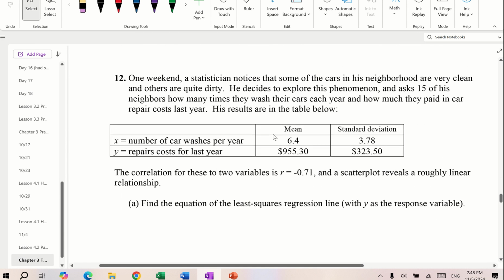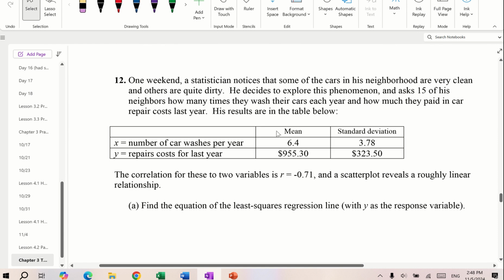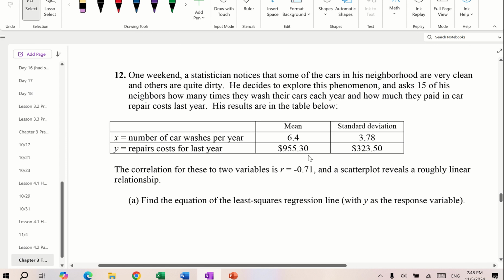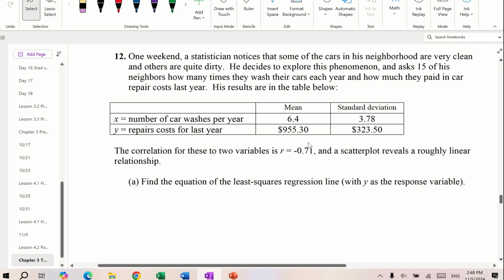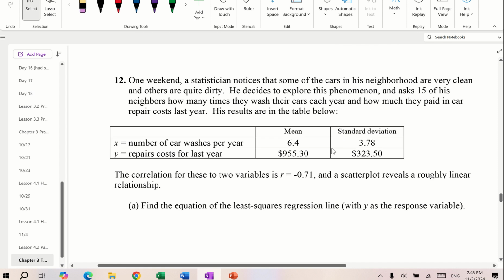So number 12, I think we have one more question. Yep, this is the last one, number 12. One weekend, a statistician notices that some of the cars in the neighborhood are very clean and others are quite dirty.